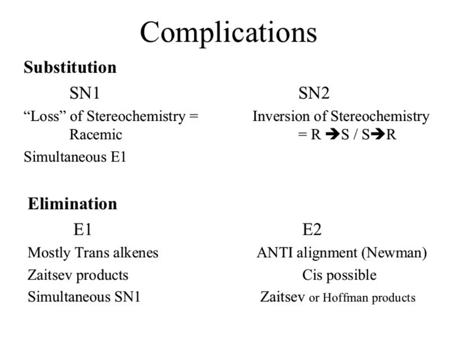If I think I'm running an E1 or an SN1 reaction, what's probably also going to happen? An E1 reaction. Why might that be the case? Because the basic patterns behind why an SN1 reaction happens are the exact same for why an E1 reaction happens.